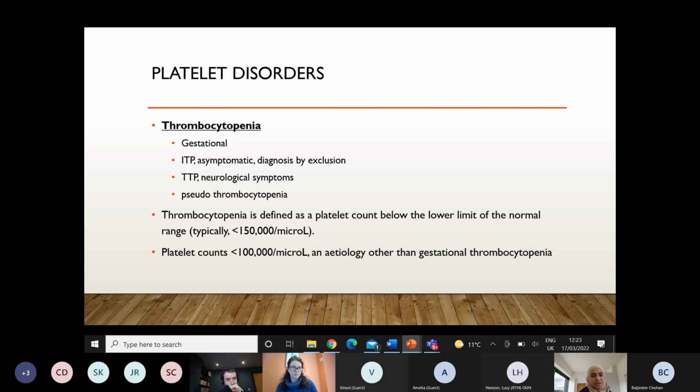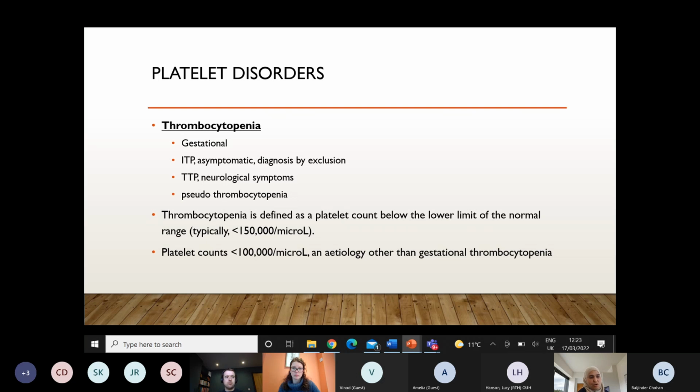If you see thrombocytopenia in the 1st trimester, then you have to think about other causes, not just gestational. And again, these are all diagnoses of exclusion.